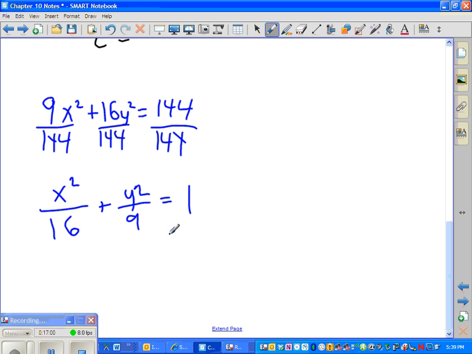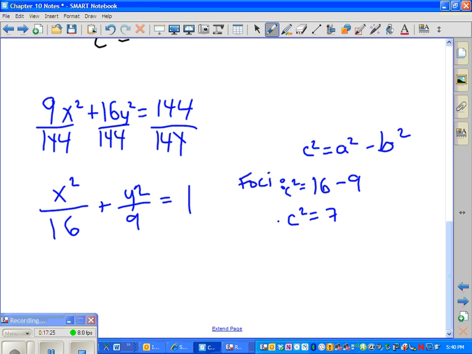So now it's in standard form. So to figure out the foci, remember, c squared is a squared minus b squared. And we just said a squared is the bigger number, so 16 minus 9. So c squared equals 7, square root.